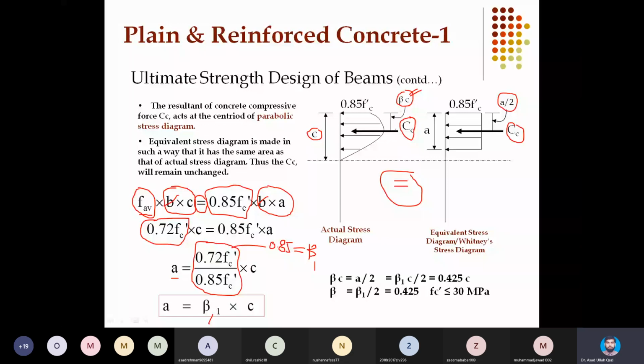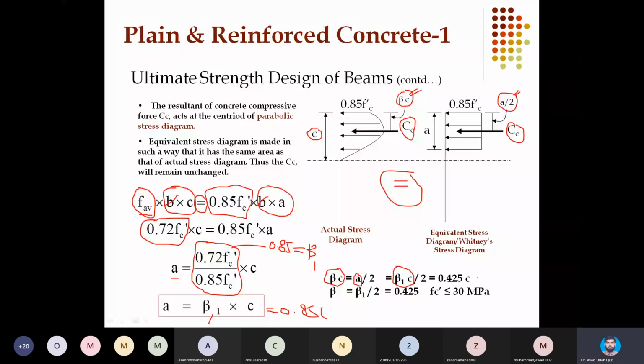If I make this beta c equal to Whitney's proposed point of application of the resultant force CC, and I now put a equal to beta 1 c, which up to 30 megapascal is equal to 0.85 c, so I just replace this with 0.85 c divided by 2, it will give me the answer 0.425 c.